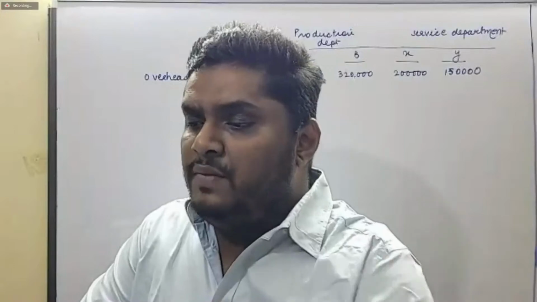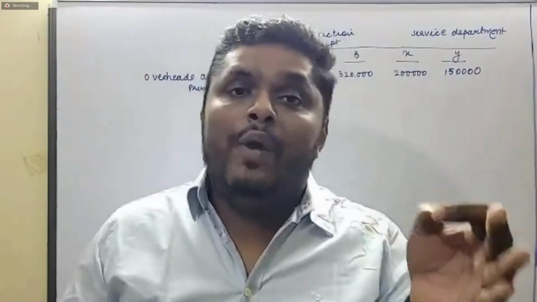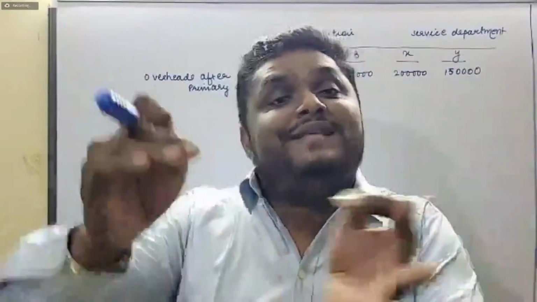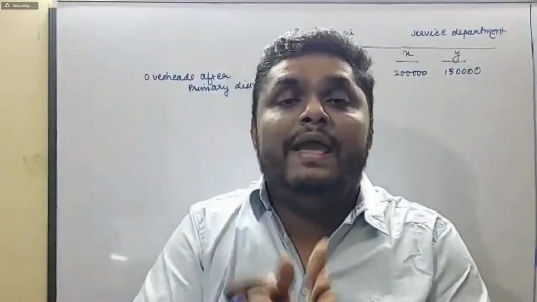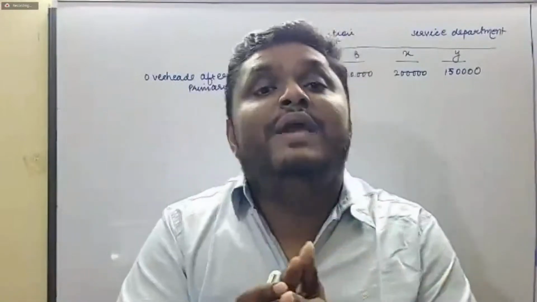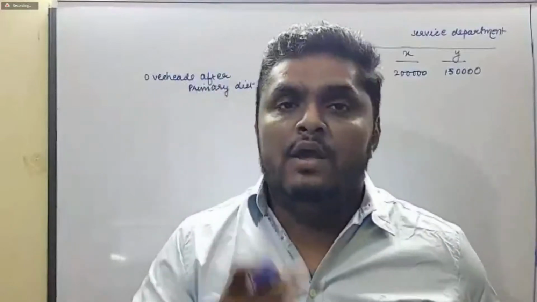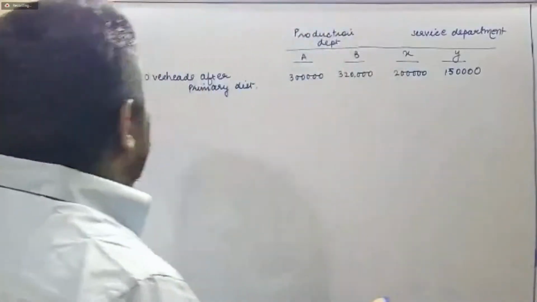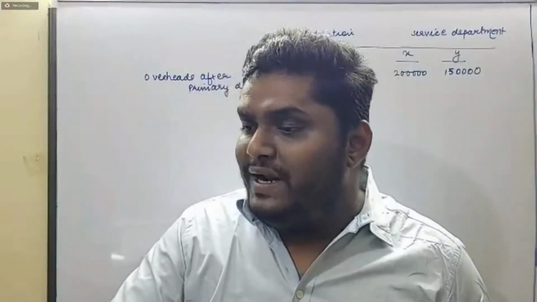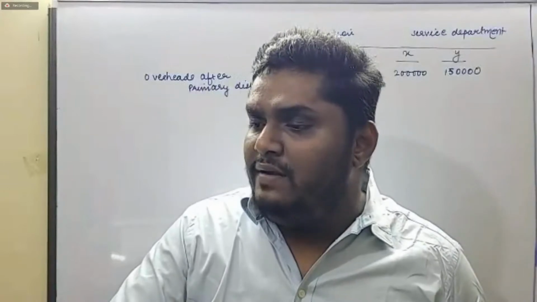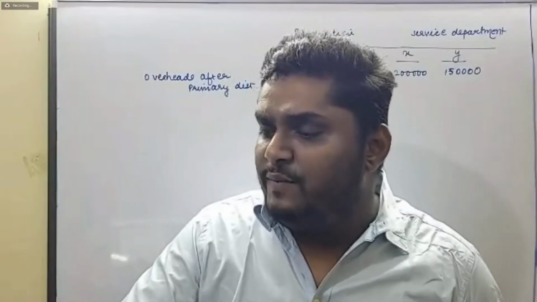Very good, Dhyanesh. So now, we'll first distribute the overheads of X and then Y. Why? Because X is providing the maximum number of services to the other service department. Herein, X is providing services to Y, but Y is not providing services to any of the service departments. Y is providing services only to the production departments. So let's start. X provides services to A, B, and Y. A is 40%, B is 35%, and Y is 25%.